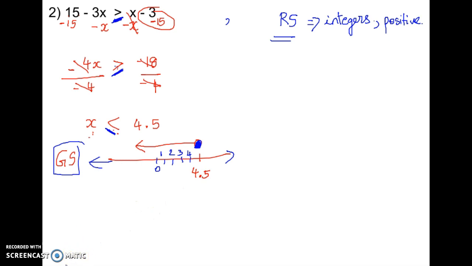Okay. So the solution set will be the set of 0, 1, 2, 3, and 4, because they're supposed to be integers and they're supposed to be positive. I can't take any of the negatives and I can't take any of the decimals because they're integers.